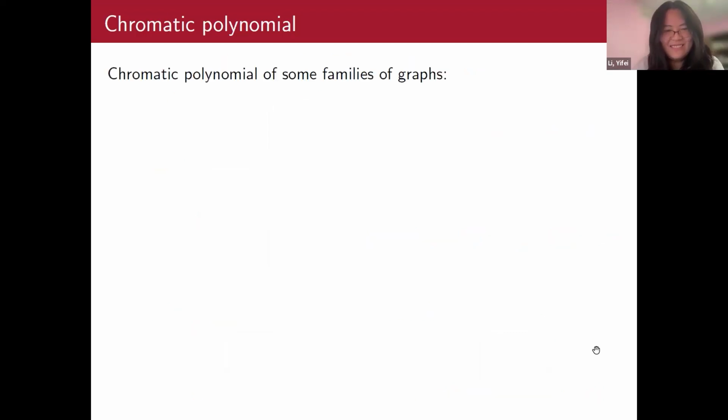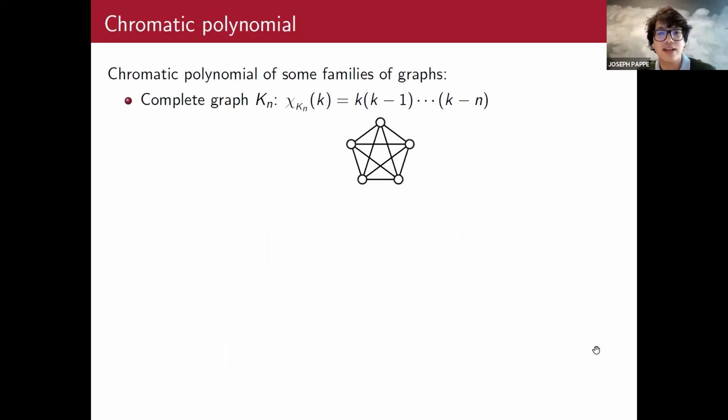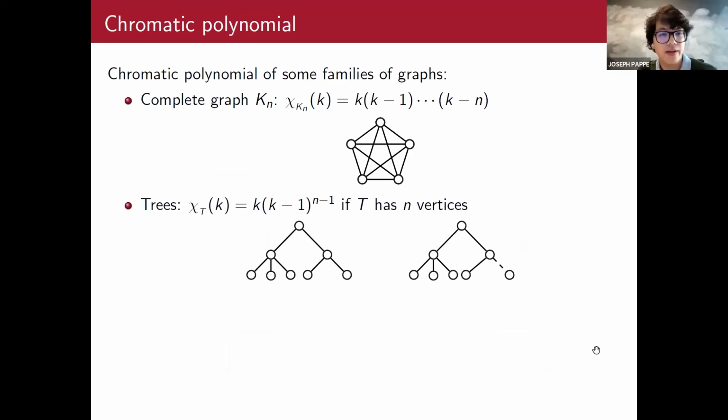And so just as before, in general, finding the chromatic polynomial is hard, but for certain families, it's doable. So we have the complete graph, which is k times k minus 1 up until k minus n plus 1. We have trees, which is k times k minus 1 to the n minus 1 if it has n vertices.